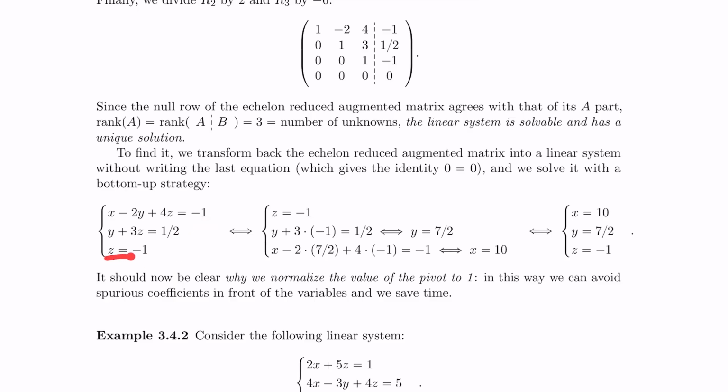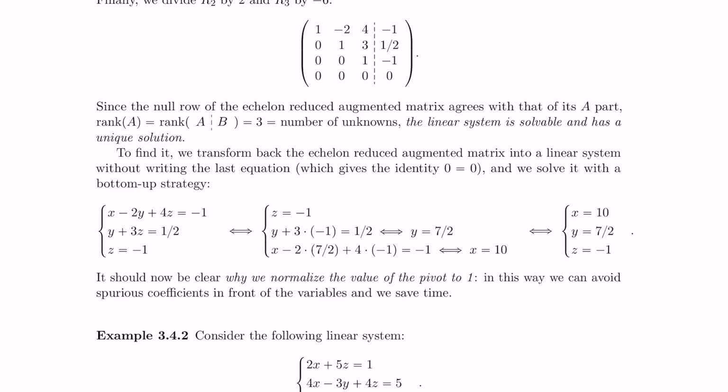Introducing the value of z = -1 into the second equation, we obtain y = 7.5. Introducing then y and z in the first equation, we obtain x = 10. To conclude, this triple of values is the unique solution of the linear system.